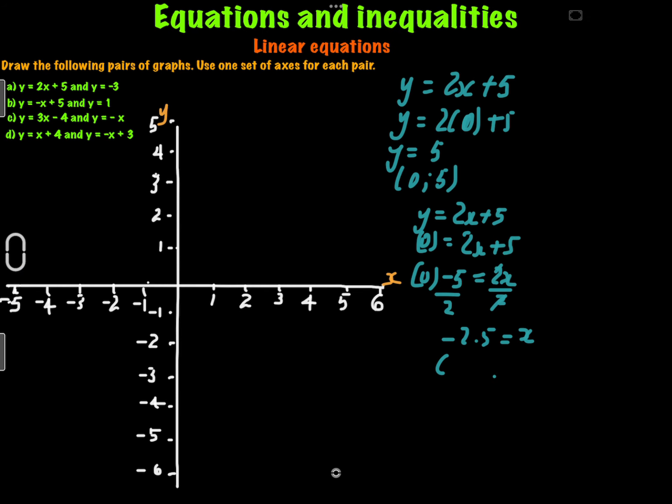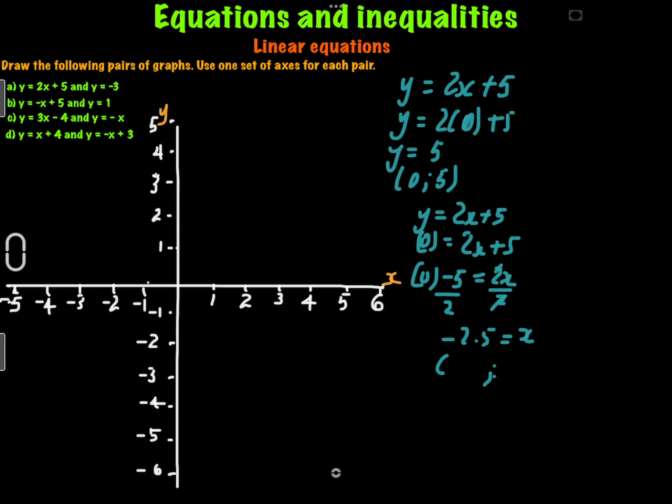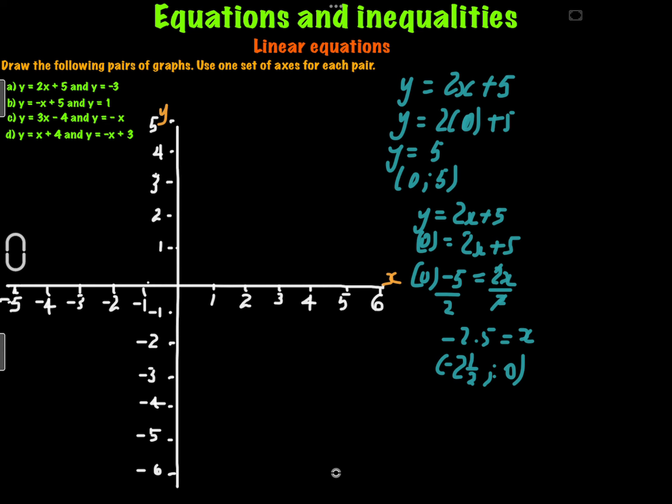In this case y was our substitute, so when y is equal to 0, x is equal to negative 2.5. So what we need to do is to take these coordinates, this set of coordinates there.